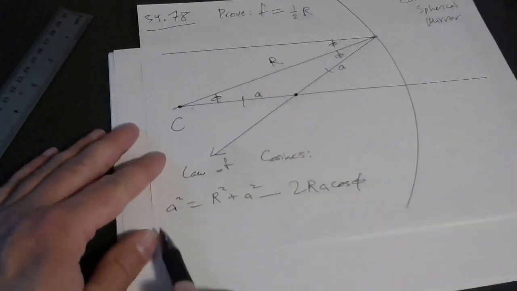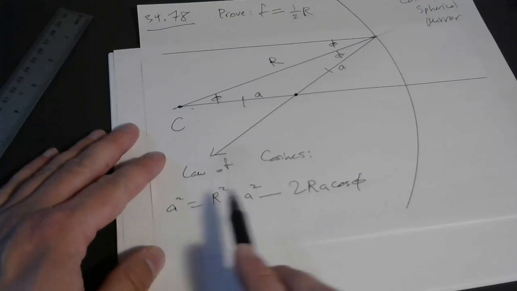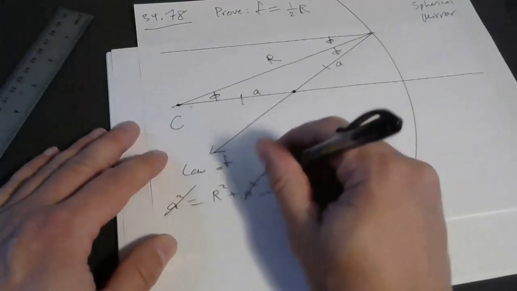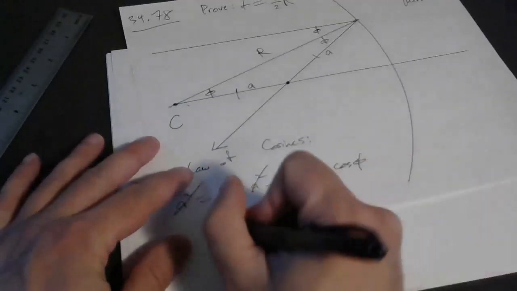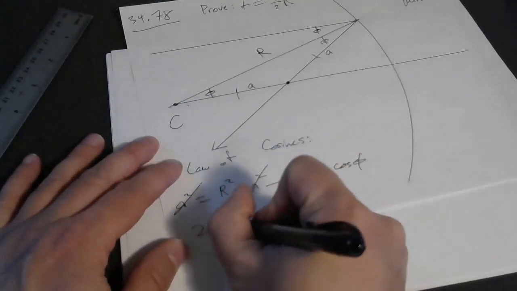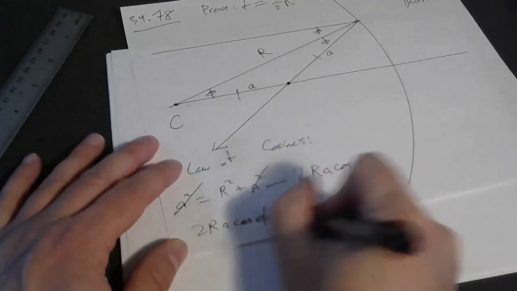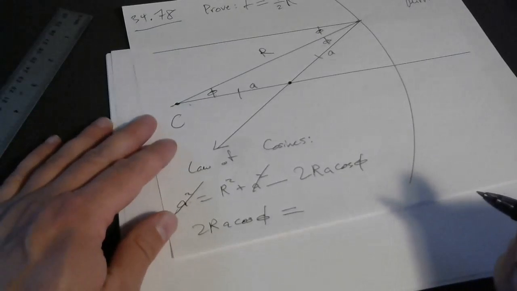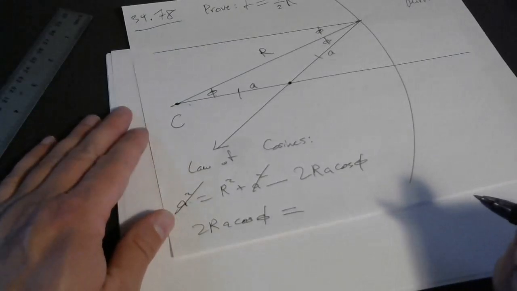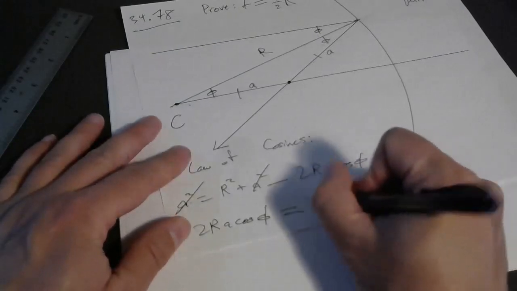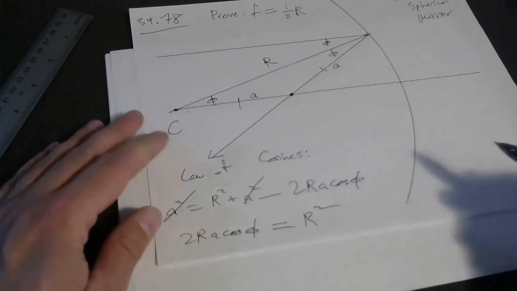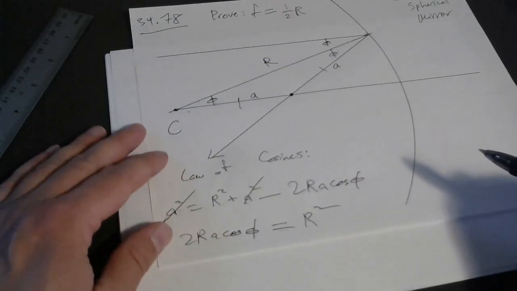Now we just simplify. It looks to me like we've got an A squared on both sides. So now we have 0 over here. In other words, 2RA cos phi is equal to R squared. I think we're solving for A here, are we not?